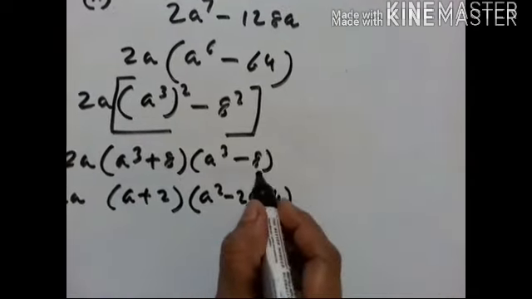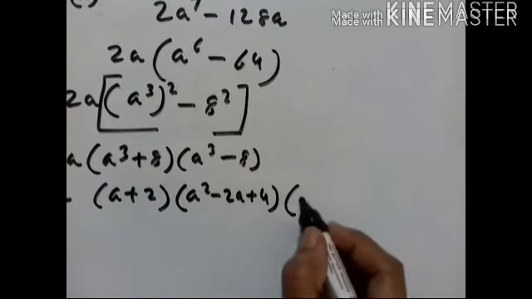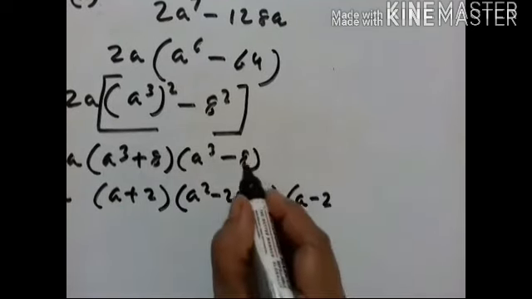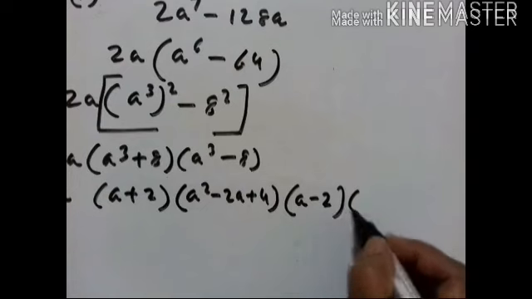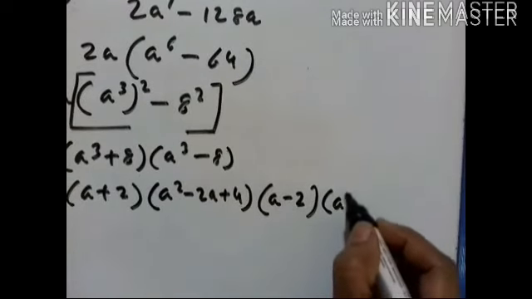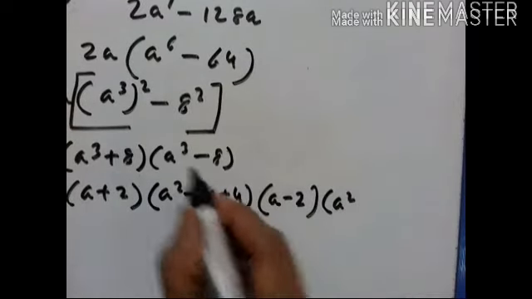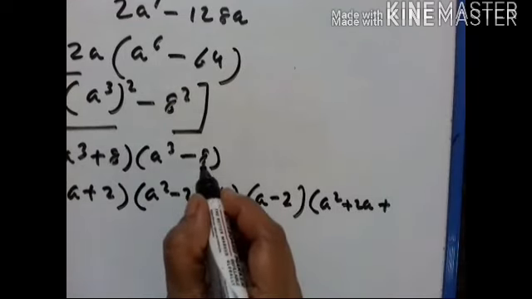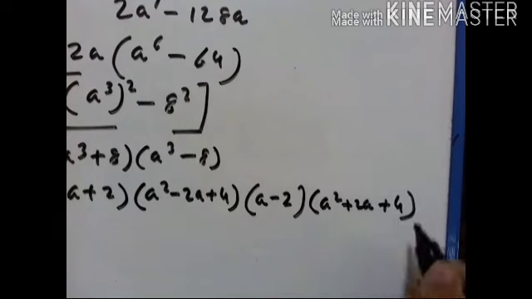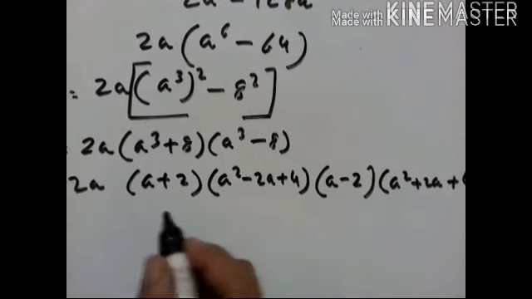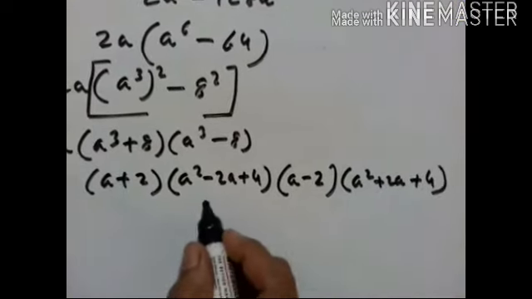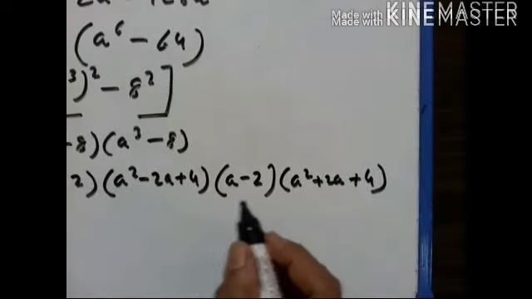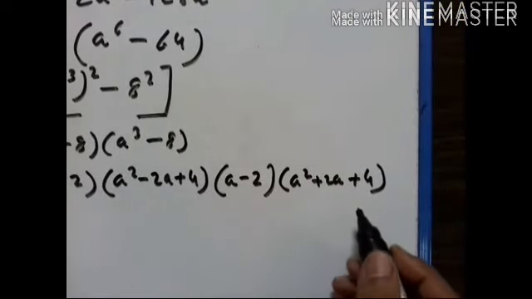This is a cube minus b cube. (a - b), b is 2 here, into a square plus ab, 2a, plus b squared. b is 2 here, so 2 squared is equal to 4. So 2a into (a + 2) into (a squared minus 2a plus 4) into (a - 2) into (a squared plus 2a plus 4).